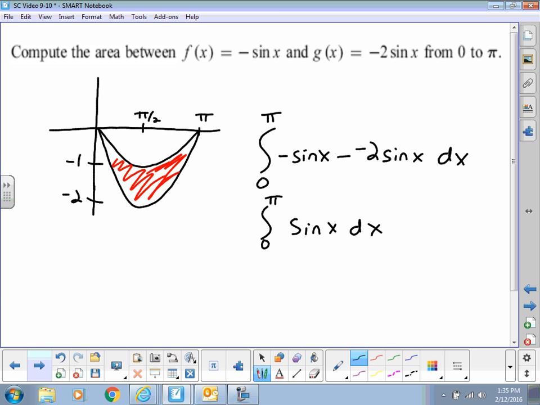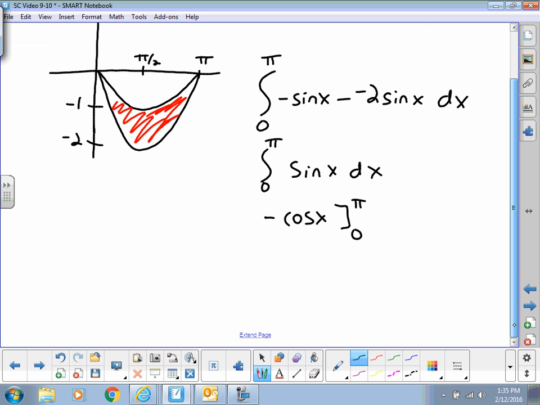We'll take our antiderivative, which would be negative cos x. We're going to evaluate it from 0 to pi. So we'll have negative cos pi minus the negative cos 0, so this will really become plus.